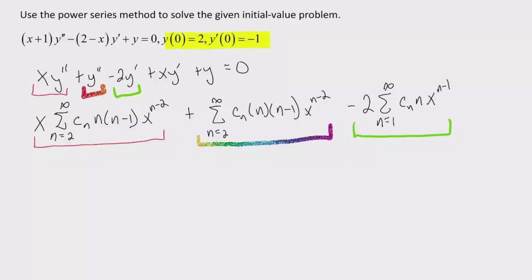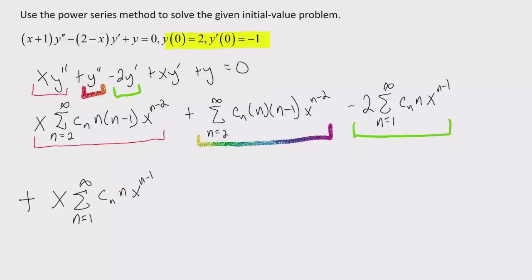And then I'm going to go below it, plus x y prime. So n equals 1 to infinity c sub n times x to the n minus 1.